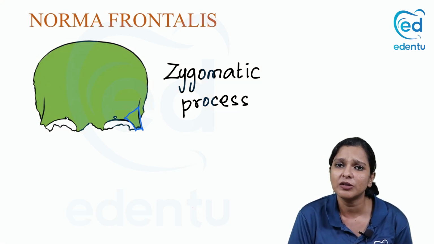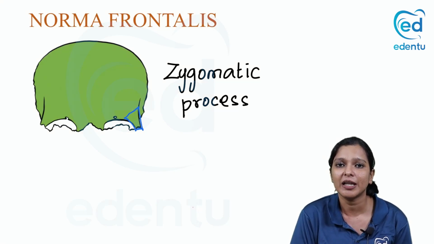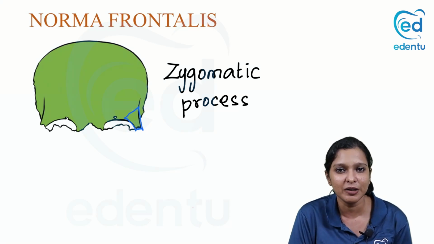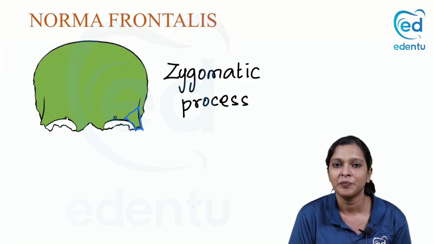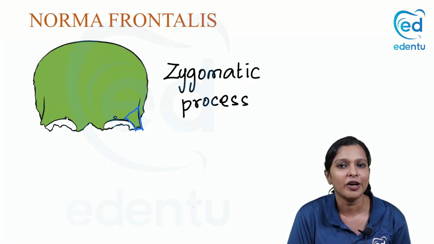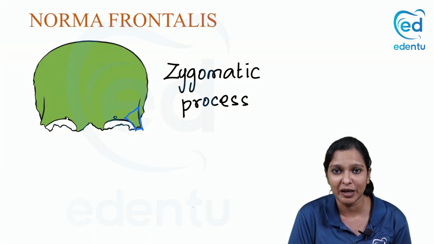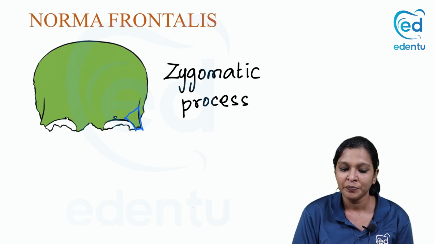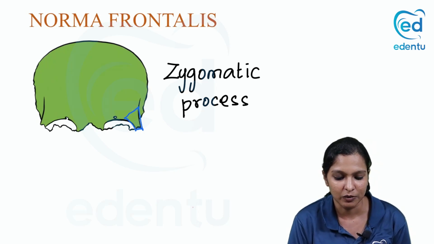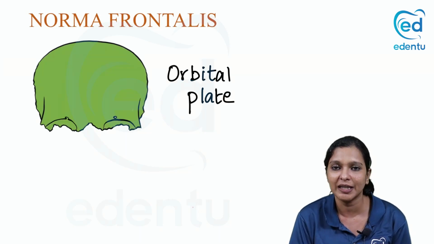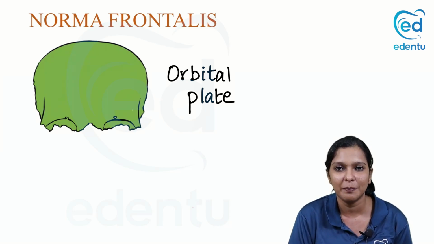Now, how are the bones in the skull joined? They are joined together by a type of fibrous joint called as sutures. Okay, so there is a suture joining the zygomatic process of the frontal bone with the zygomatic bone. We'll be seeing about it. So far we've seen the third part also. The next part that we'll be seeing is called as the orbital plate.